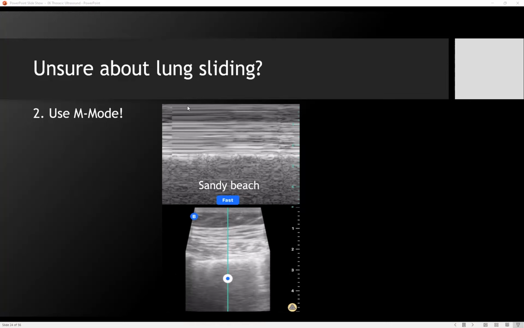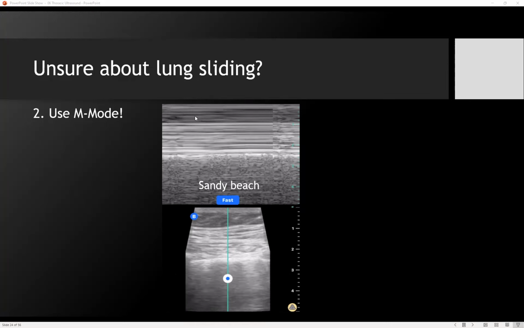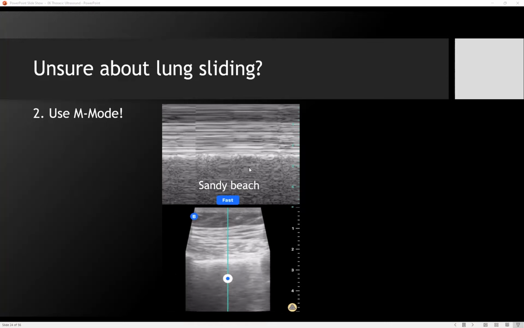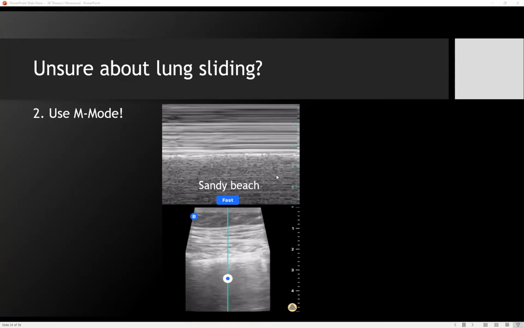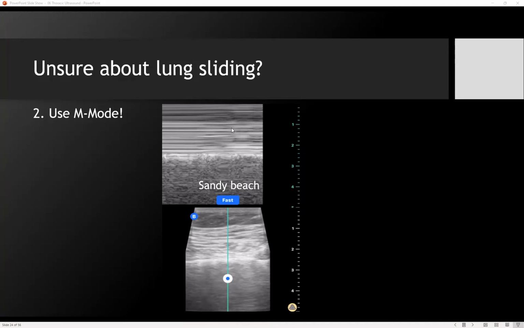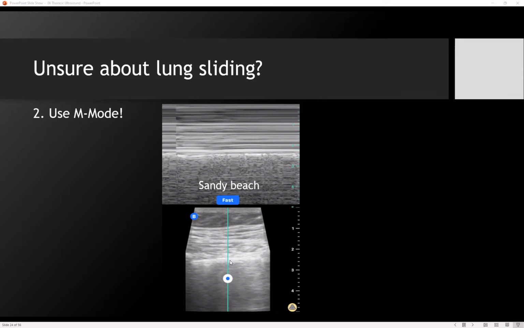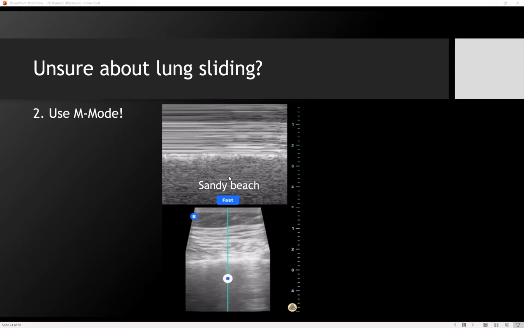So you just get a straight line. This is akin to a waterfront. But the lung that is sliding is constantly moving. And so it creates this sort of sandy-like appearance on the bottom half of the screen. So this is called the sandy beach appearance. And this is using M mode to sort of confirm that there is lung sliding at this location of this M mode. So those are two ways to sort of identify lung sliding if you're not sure if it's there.